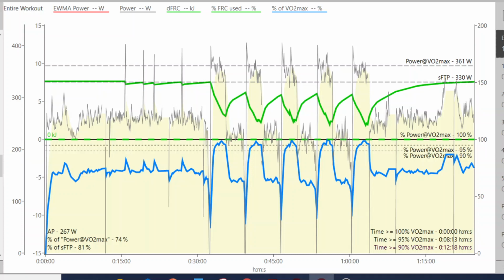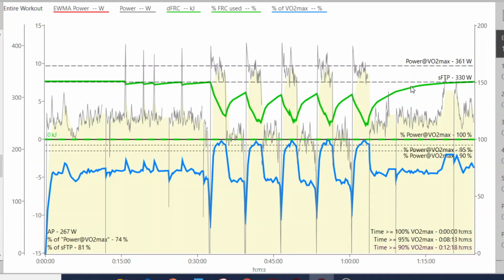Again, the background is the chart models FRC, or the reserve work capacity, and how that is depleted with efforts that are over FTP. This is power. The black line is power. The gold is exponentially weighted moving average, 25-second weighted, of power.